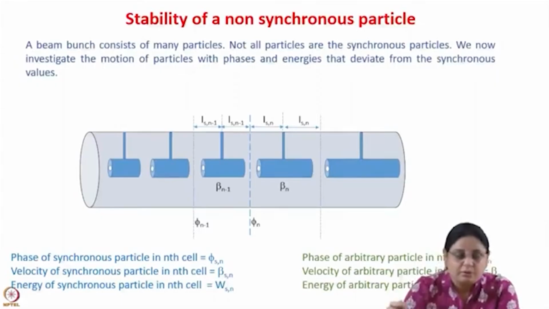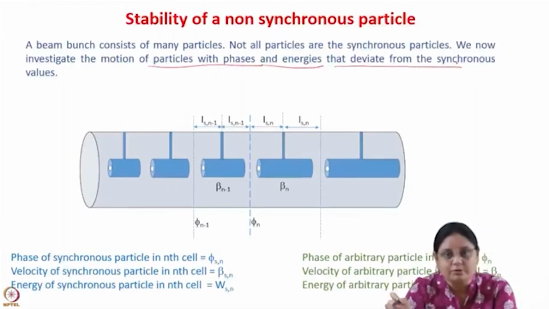So we investigate the motion of particles with phases and energies that deviate from the synchronous value. We will try to see what is the extent of deviation in phase that can be tolerated without the bunch getting lost, or with the bunch remaining stable.